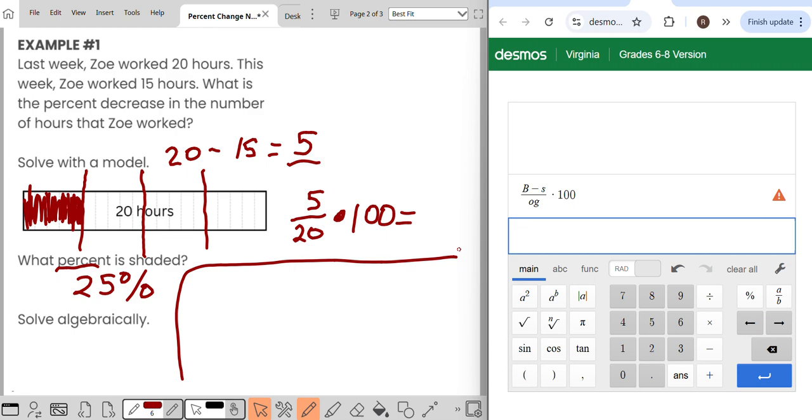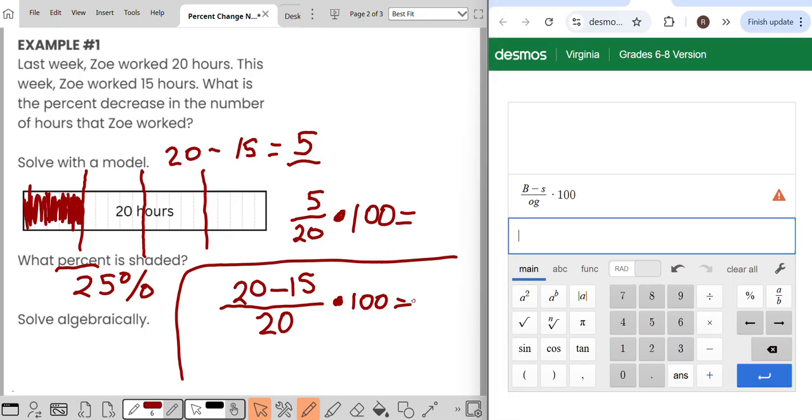So if I were filling in my numbers here, I'm going to do it over here just so you can see it. The biggest number is 20. The smallest number of the problem is 15. You divide that whole thing by what happened originally, what happened first in time, which is last week, 20. Then you multiply by 100 to make it a percent.